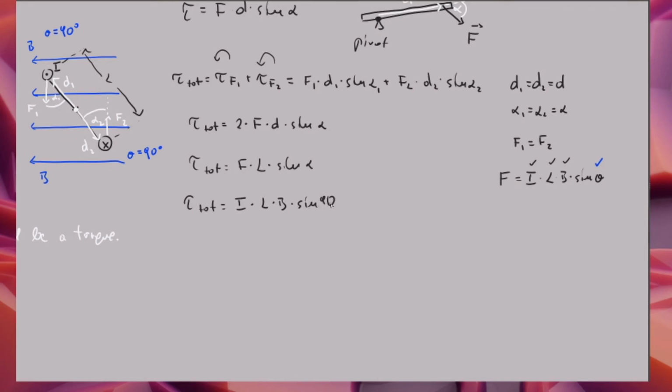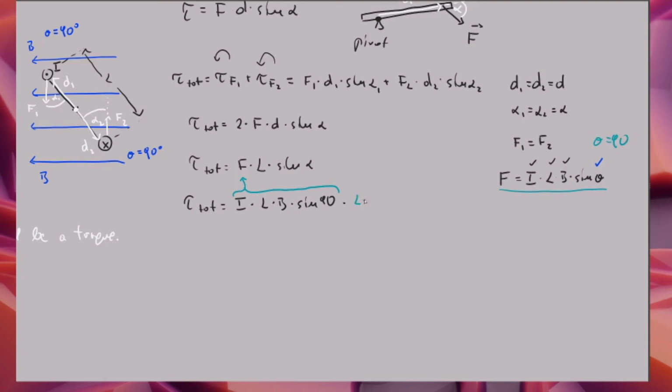We already figured this out. All of this here, that's just force F, comes from here. And theta was 90. It's the angle between B and I.